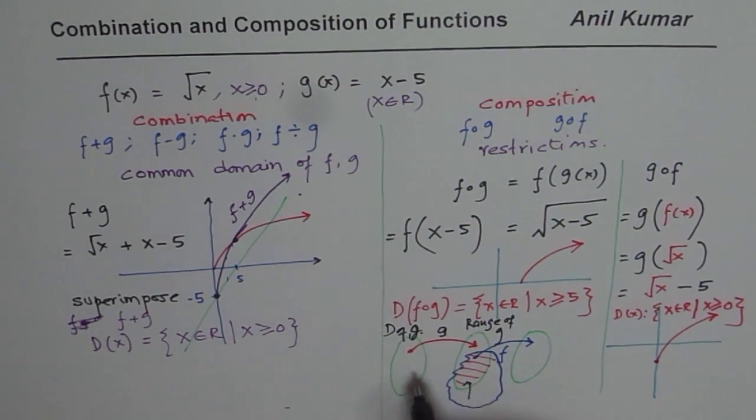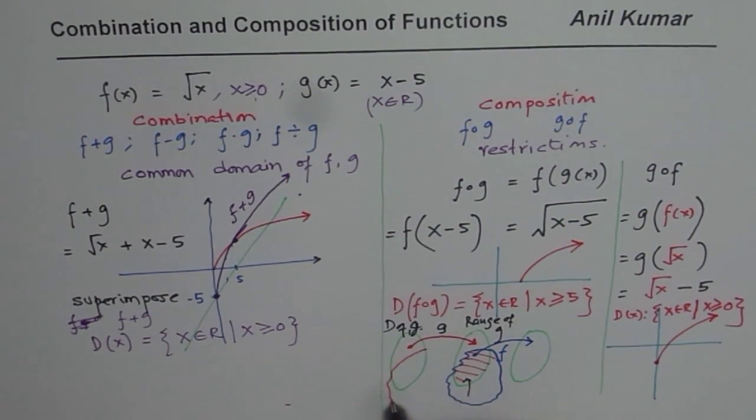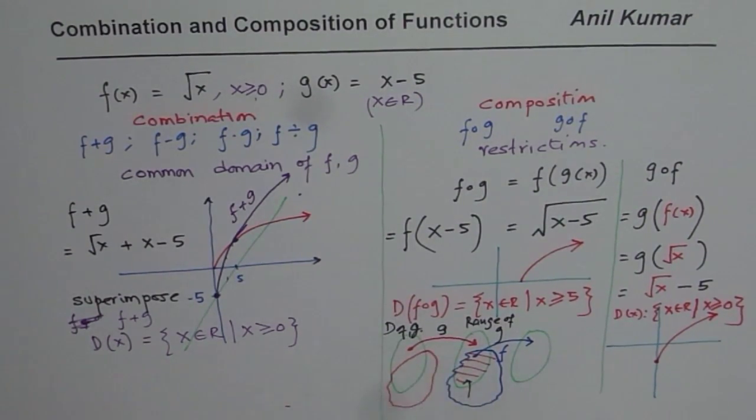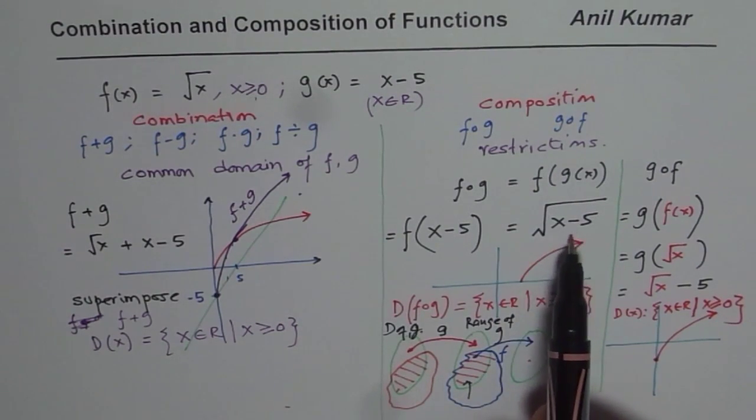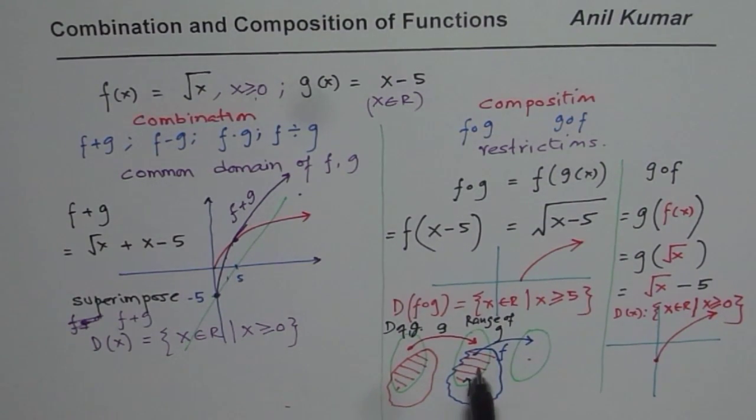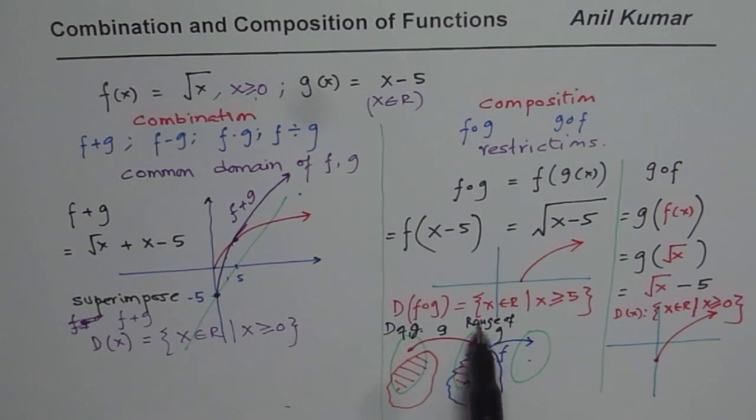So out of the whole domain of g, it is only a portion which is valid for f of g. You get the point. So all the restrictions which apply to g will apply to f of g, plus when we have a combination, there will be some more added to it, depending on how well the range of g fits with the domain of f, right? So that is how you should treat this.